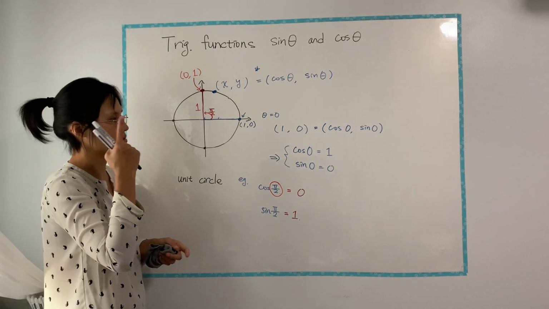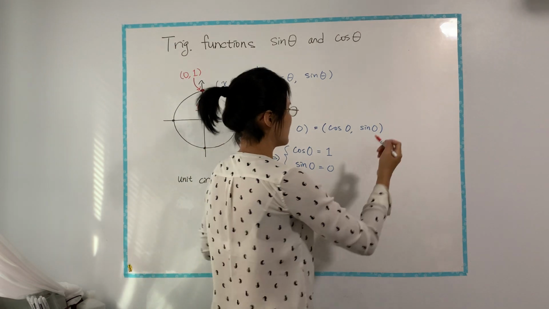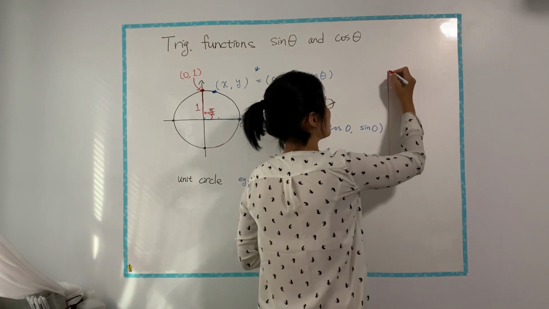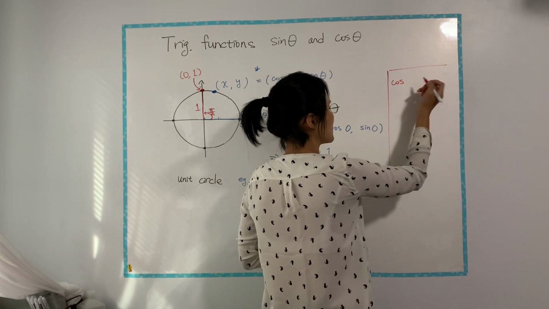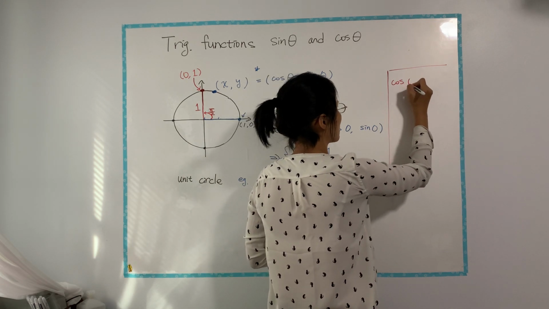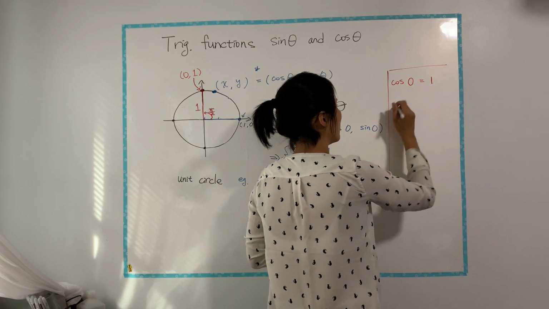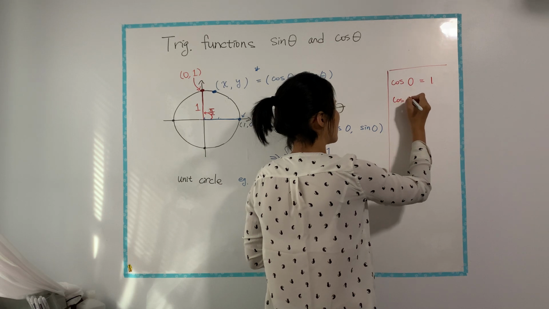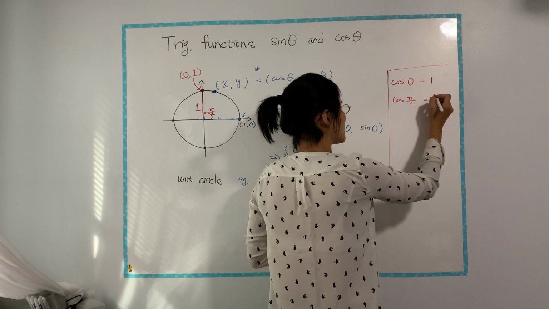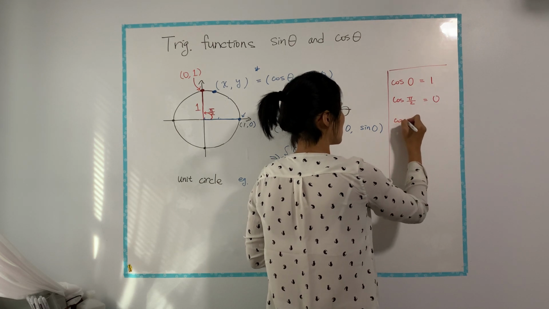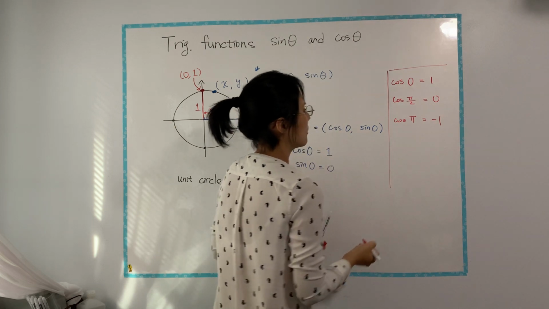Ideally, you want to memorize this. Okay, so I'm going to just write down the values for special angles. So cosine 0 equals 1. Cosine a half pi equals 0. Cosine pi equals -1. Why?